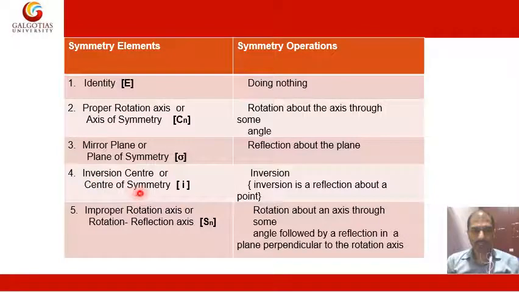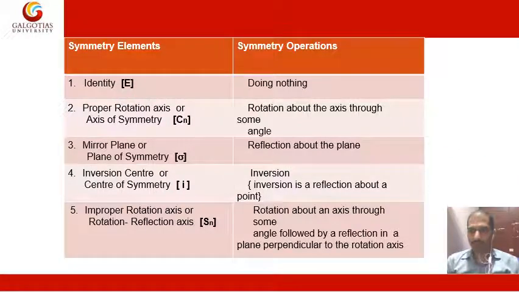Inversion center, or center of symmetry, is reflection about a point. Improper rotation axis, or rotation-reflection axis, is rotation about an axis through some angle followed by a reflection in a plane perpendicular to the rotation axis. We will go through these in detail and take examples of each of these symmetry elements.